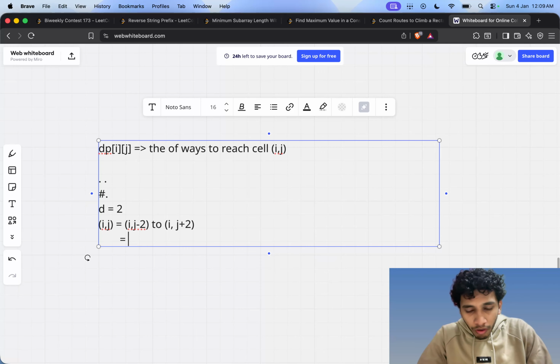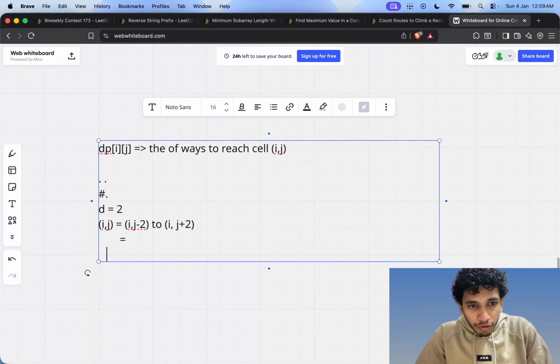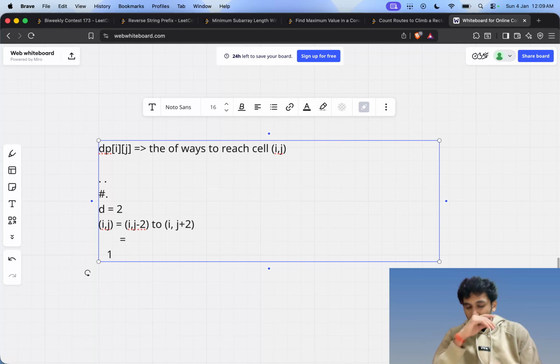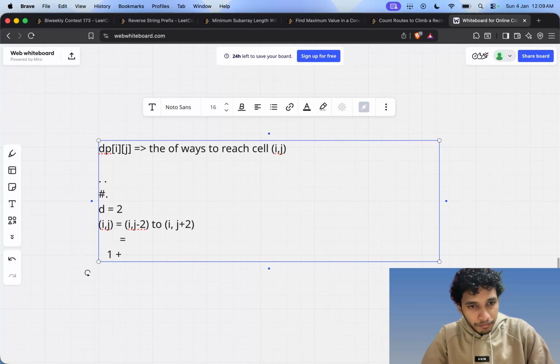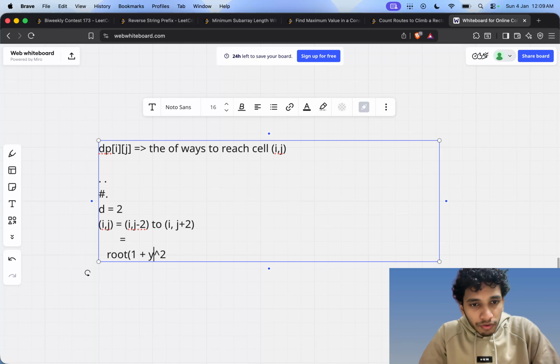In another row, we should choose a value such that the square root of the square of the difference of x-axis, which is 1, plus the square of the difference of y-axis is smaller than or equal to 2.